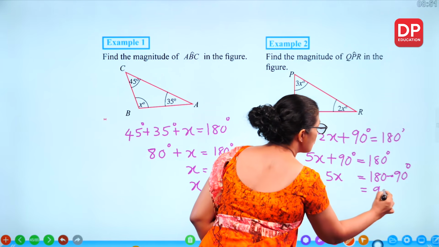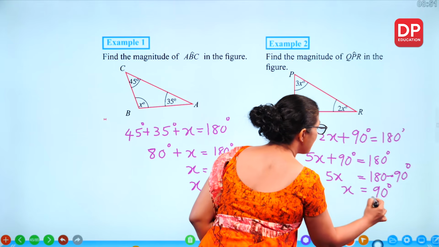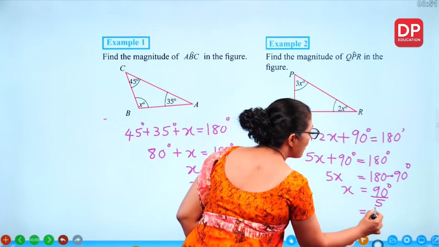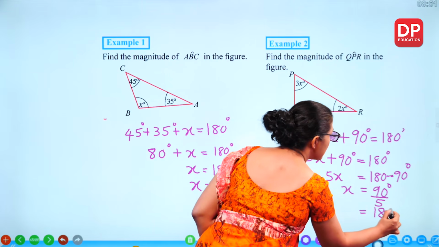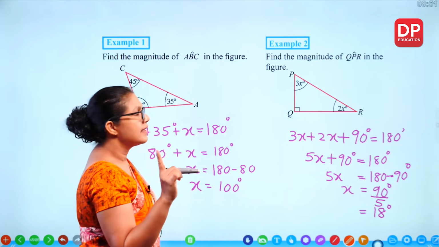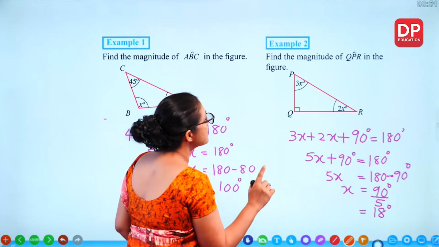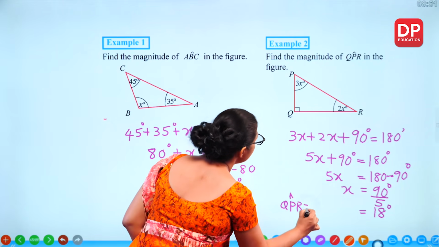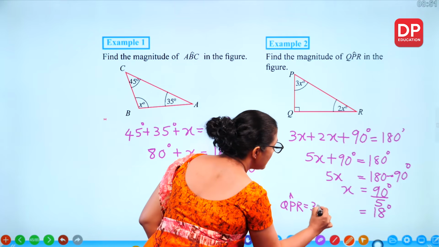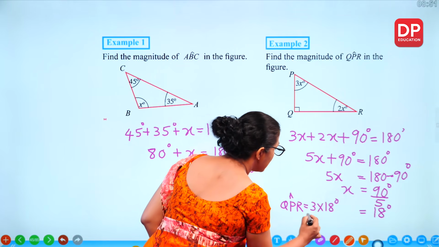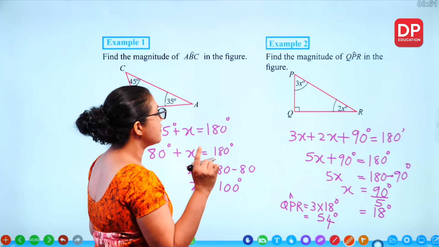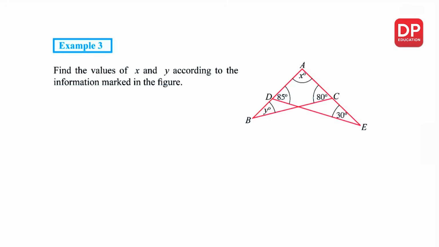That's 90. So 90 divided by 5, you get X value. 5 times 18 is 90. So 18 degrees, so 18 is X. So what's the QPR angle? 3x, 3 times 18. So you get 54 degrees.